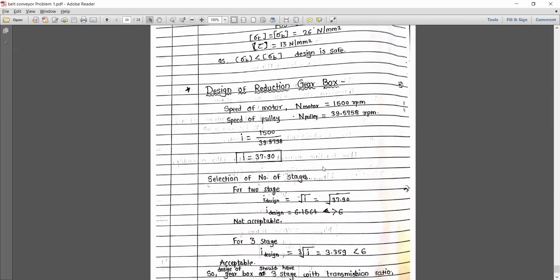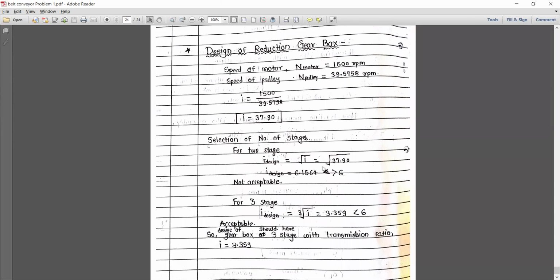Now next one, the design of a reduction gearbox. If you have to design a reduction gearbox, what should be the transmission ratio for this, and how many stages are we going to consider? That will be discussed in a nutshell. If you want to design it, you can continue with the design of the gearbox assembly.